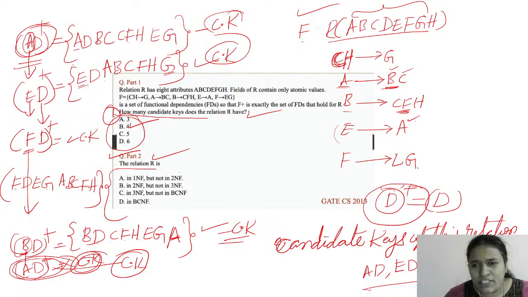We got the candidate keys list. From the candidate keys list, we can find what the prime attributes and non-prime attributes are.